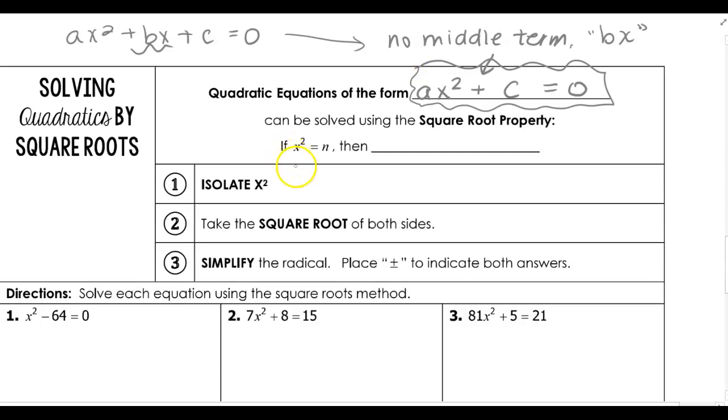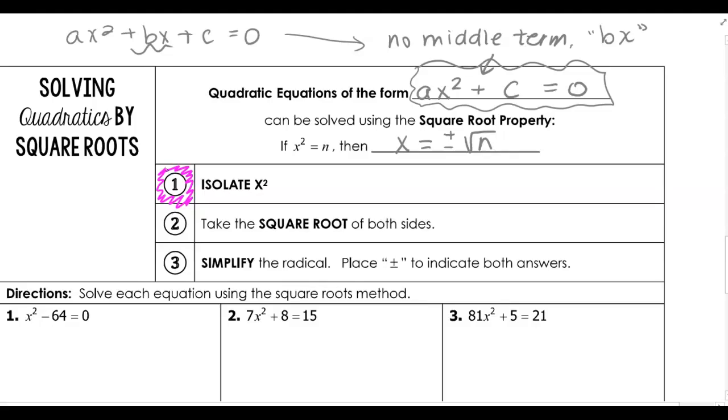So if x squared equals n, taking the square root of both sides, we get x equals plus or minus the square root of n. Now here's the steps we're going to go through. I will color code those. Number 1 is isolate the x squared term.